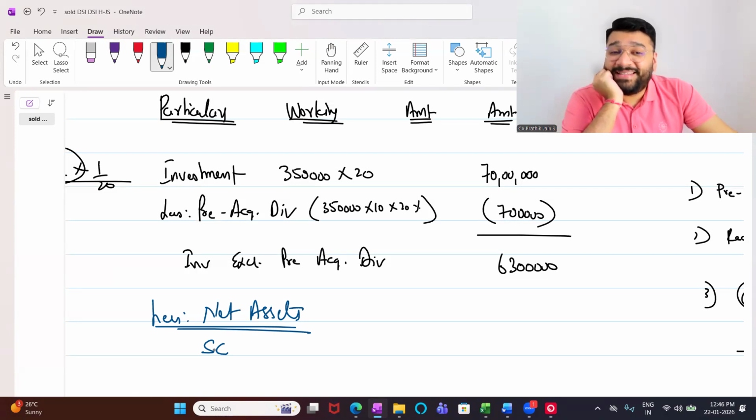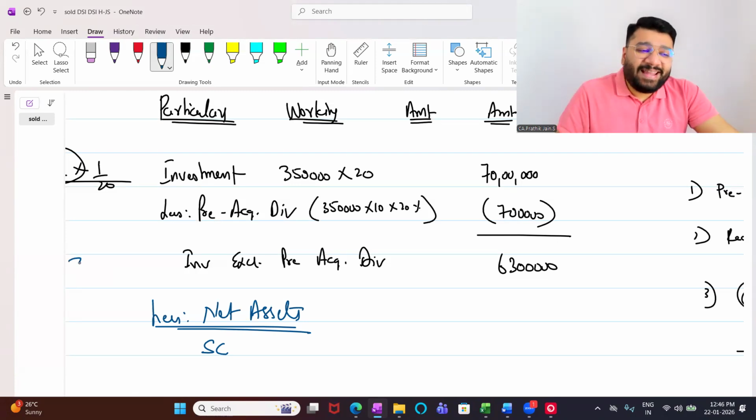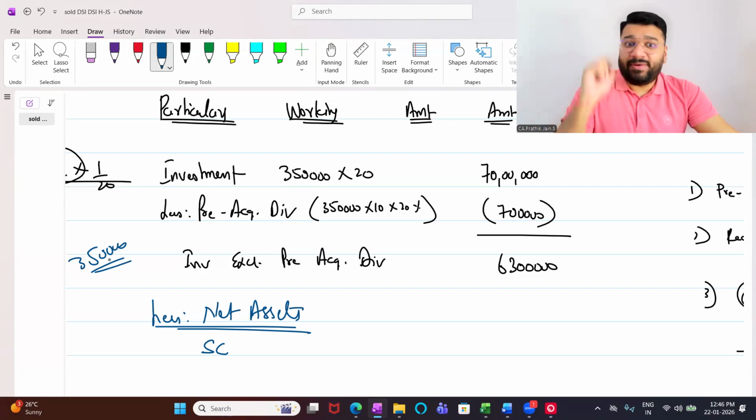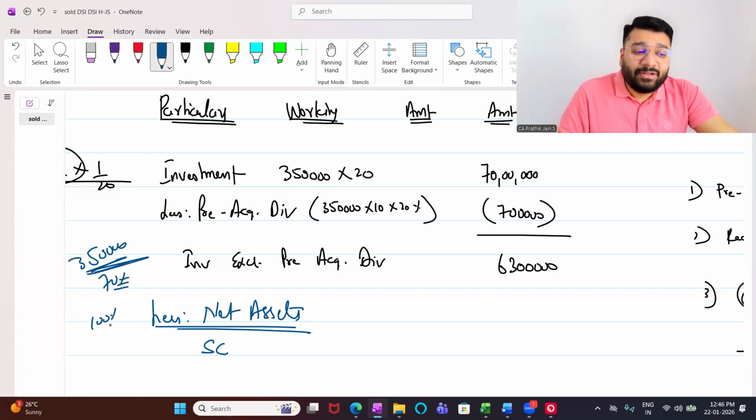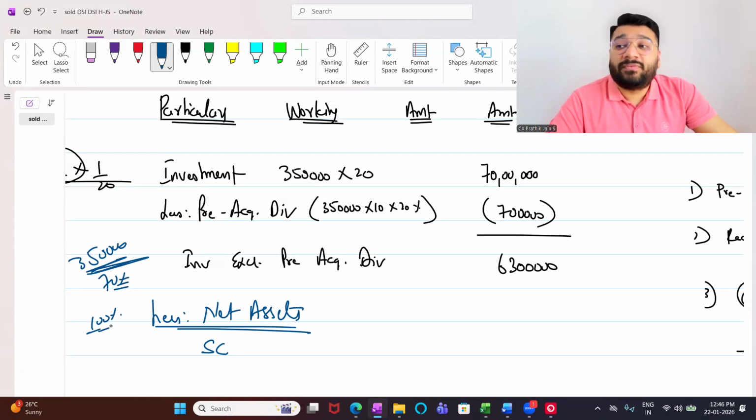She's very intelligent. She says that, sir, 3,50,000 shares is held by H Limited, of S Limited. So 3,50,000 shares, if I divide by 70%, I'll get for 100%. So I will know the total share capital of S Limited. But where is reserve and surplus? How will you find out?